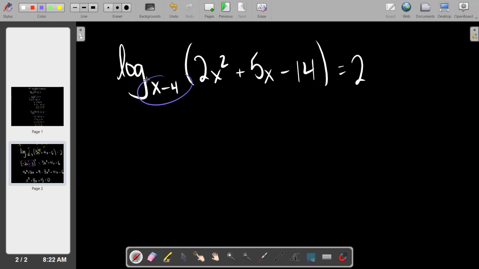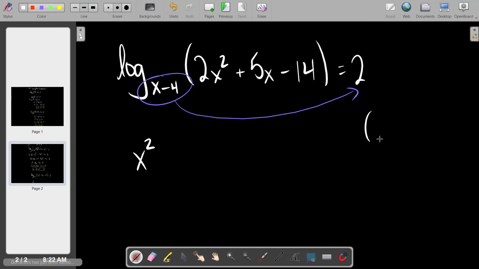So step 1 is this to the this. Can you do it in your head? What's x minus 4 squared? Here, I'll show it. I'll just write it over here, just so you get eyes on it.